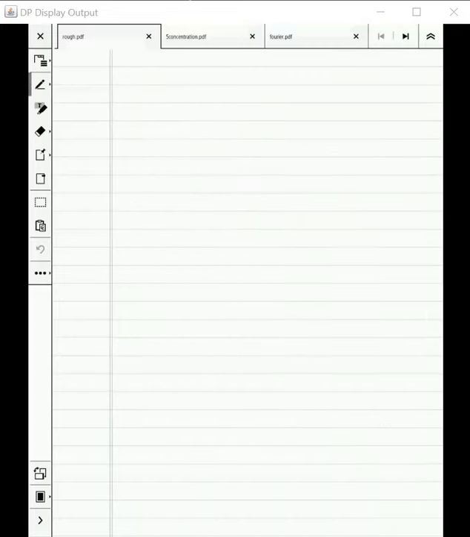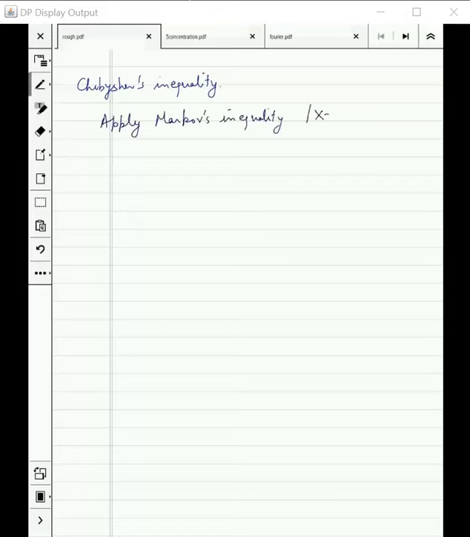We will just see one more inequality and finish this lecture. That is called Chebyshev's inequality. It is pretty simple, and we just apply Markov's inequality to a different random variable, which is X minus E[X], or say its square, it doesn't matter.